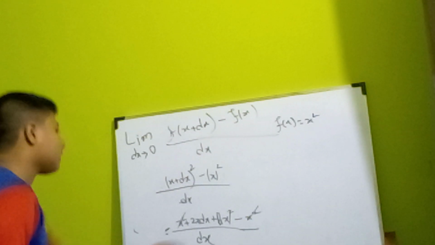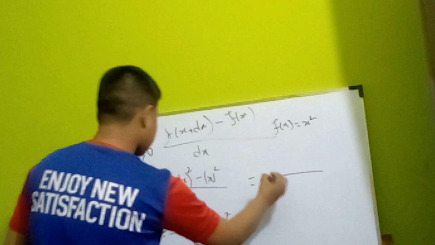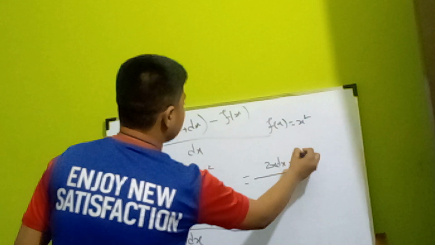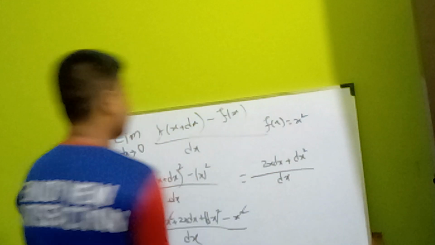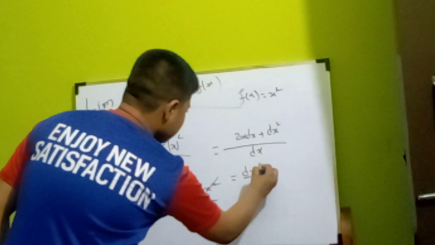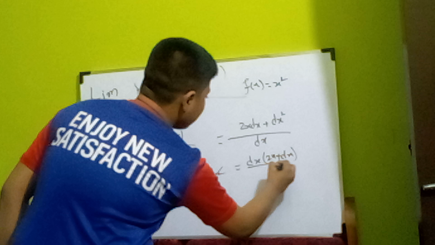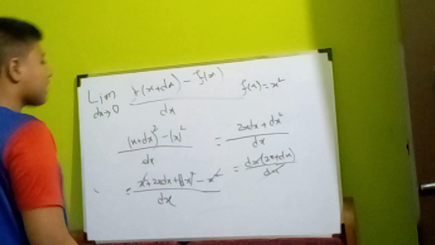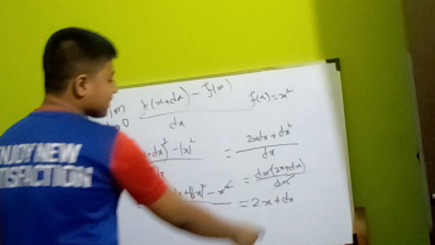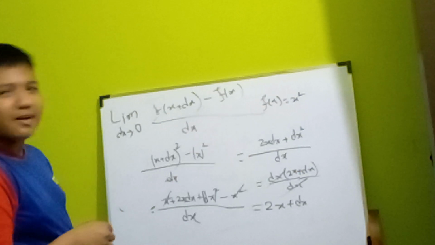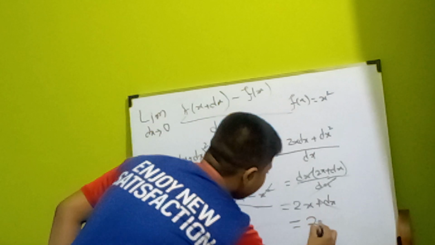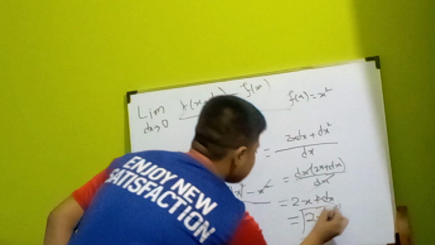In the denominator we get dx, and this gives us 2x dx plus dx all squared divided by dx. Now we can take dx as common in the numerator, so 2x plus dx divided by dx, and this dx cancels out. We get 2x plus dx, and this dx is practically zero, not theoretically, but practically it's zero, so just ignore it. Our derivative of the function x squared is just 2x.